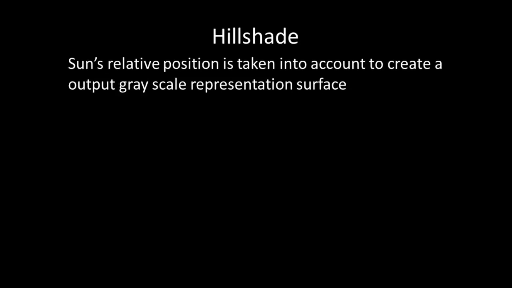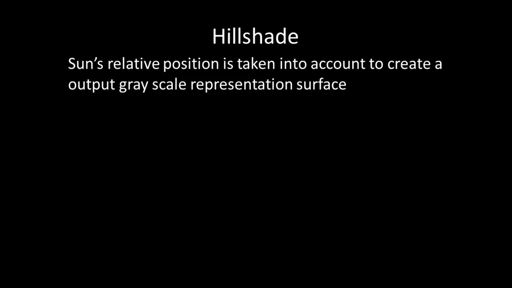Hillshade. Hillshade is where the sun's relative position is taken into account to create an output grayscale representation surface. You can think of the hillshade like shining a light over a topographic surface. The altitude and azimuth, or compass angle, of the light source will determine how the shadowing in the hillshade surface is created.